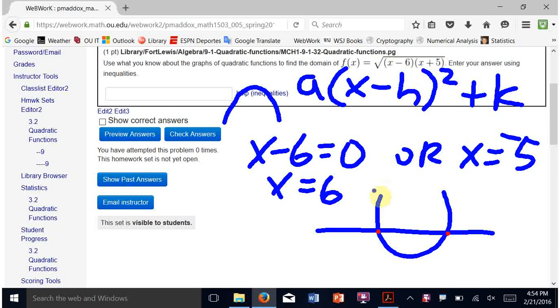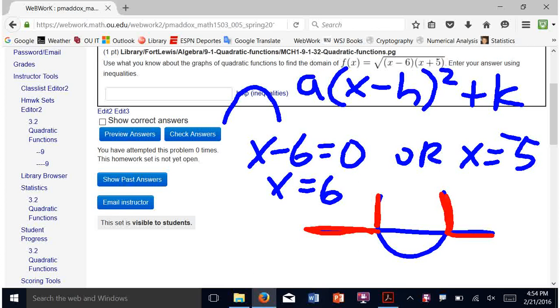Okay, so from here, we're basically asking, where is this quadratic function greater than 0? Well, it's greater than or equal to 0. So it's equal to 0 at 6, and it's greater than 0 for x values less than negative 5, and at 6 and above.